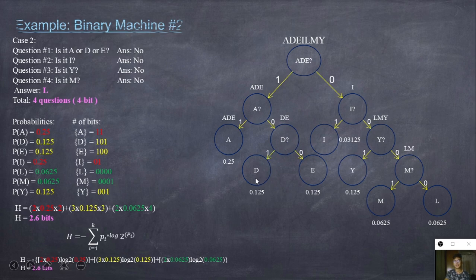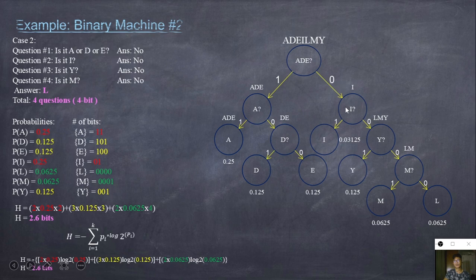For yes, we predict D, represented by a probability of 0.125. For no, it is E, with the same probability of 0.125. So we will go to this path.